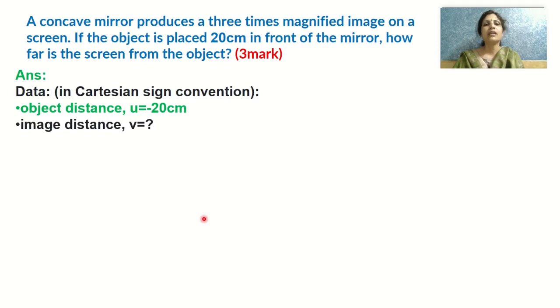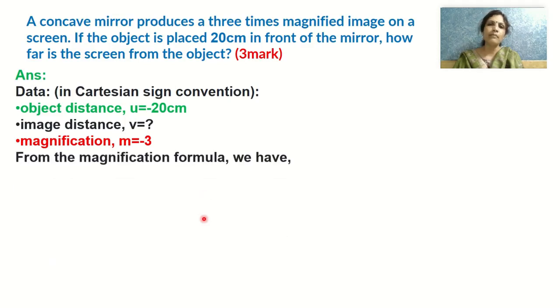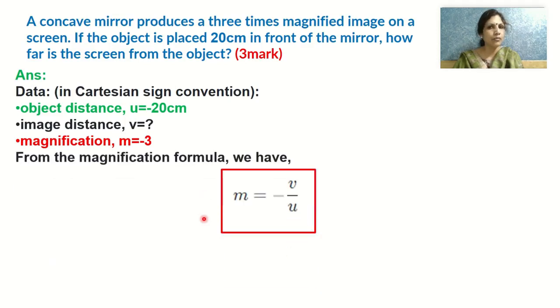You are given that the magnification is 3 times, so magnification is -3 because the mirror is a concave mirror and magnification in case of a concave mirror is negative, so m is equal to -3. From the magnification formula we know m is equal to -v upon u.